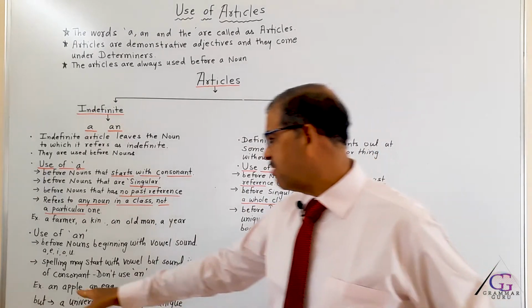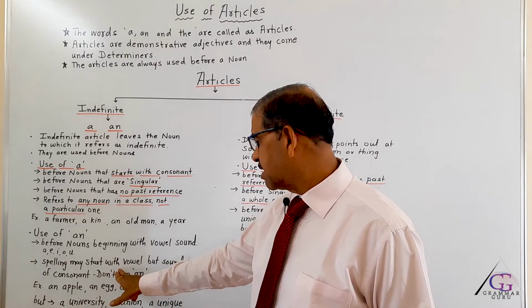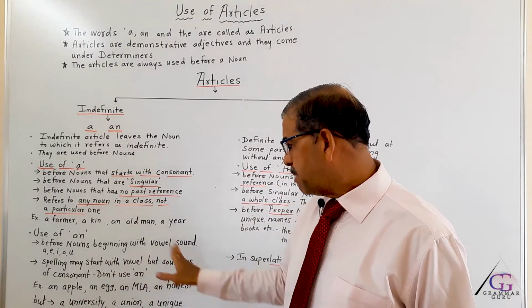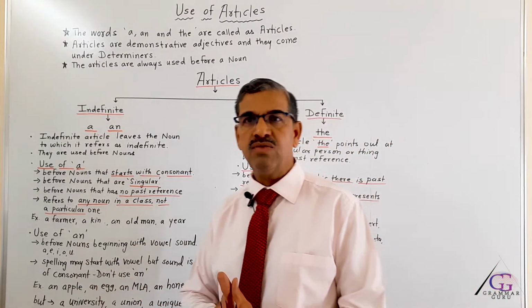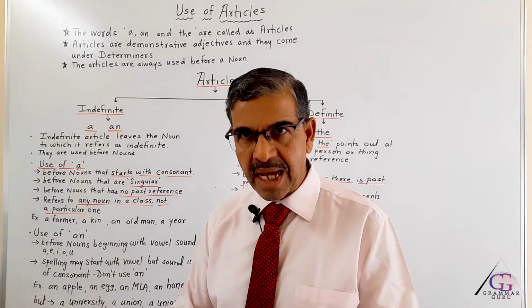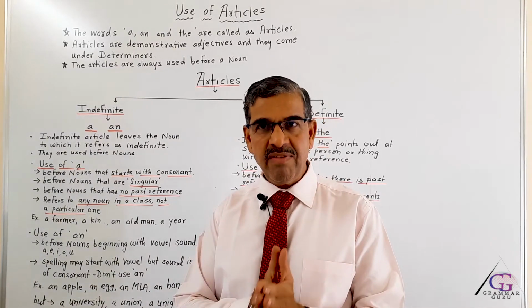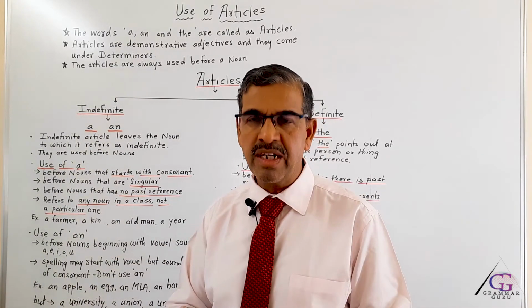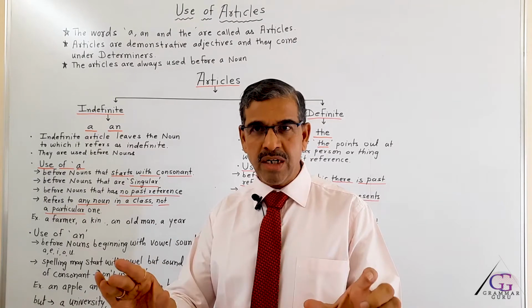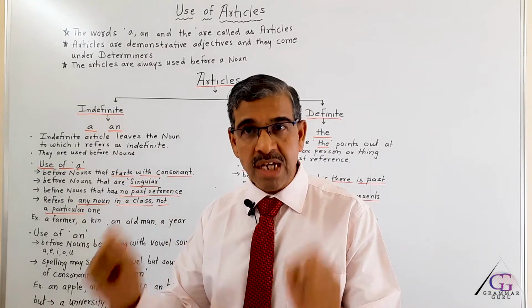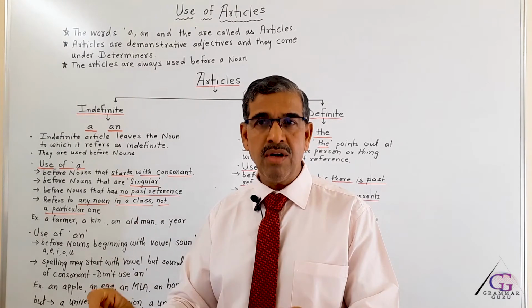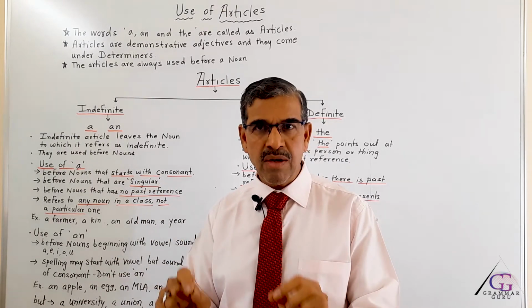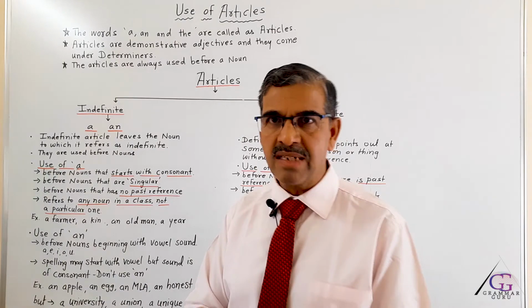For example, I have written a spelling that may start with a vowel, but the sound of a consonant is heard. In that case, we are not going to use article an. Be very careful about it. Whenever you look at the word, look at the sound of the vowel. If the sound of a vowel is there, then only place an in the fill in the blanks, otherwise not.